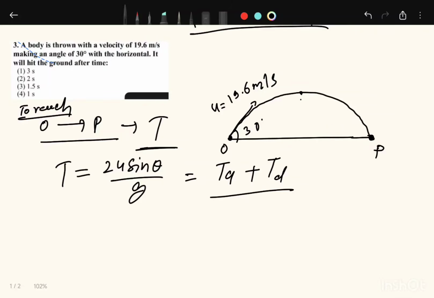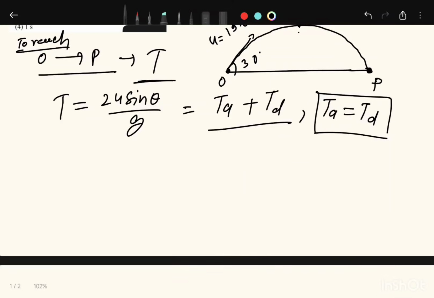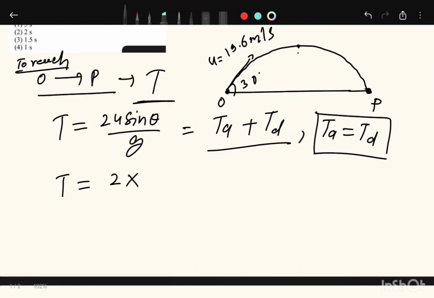And in case of projectile motion, when acceleration is uniform, t ascending is equal to t descending. So you just put the values of u, g and theta here, and you will find the solution. So u is given to you 19.6, sine 30, and g you can use 9.8.